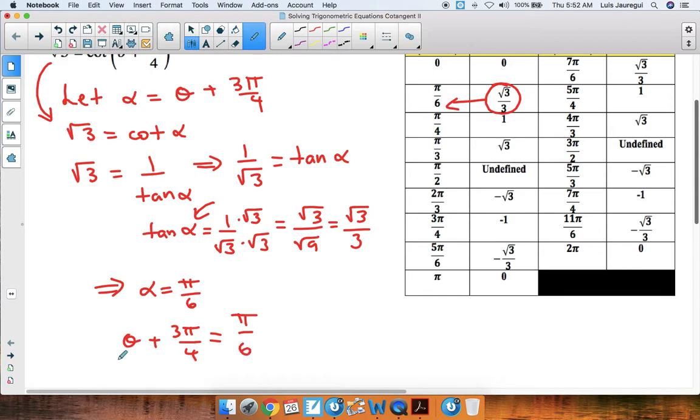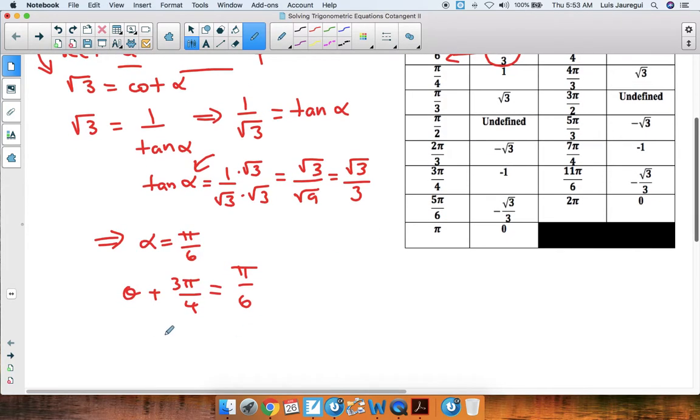And how do I know this? Because that's exactly how I defined alpha to start off with. Now let's solve for theta. To do so, let's subtract the 3 pi over 4 from both sides of the equation. So that implies that theta is equal to pi over 6 minus 3 pi over 4. Now let's get the common denominator, which happens to be 12 here.